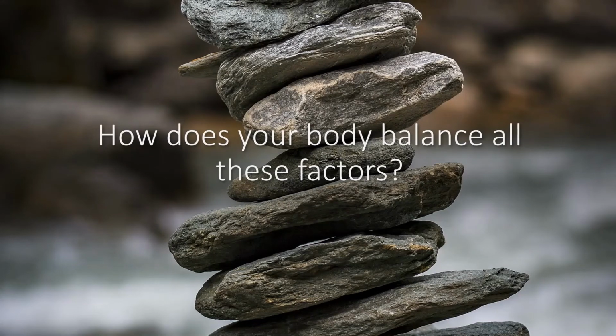Okay, so the really important part of this discussion is, how does your body or your cells balance all of these vital needs and these things we talk about? We have to have this and we have to have that, but it's got to be at this level and it has to be within this range. And how do you do this? Well, there's a fancy word called homeostasis.